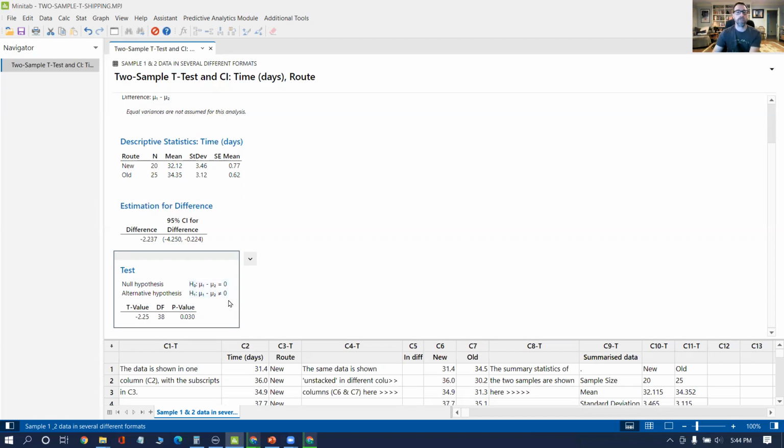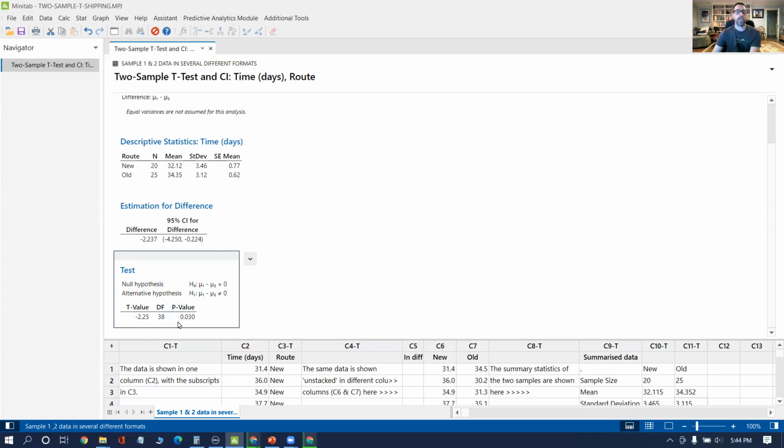The alternate hypothesis is that there is a difference. There's a difference in the average time it takes for the new route and the average time it takes for the old route. So the alternate hypothesis, H sub 1, says mu sub 1 minus mu sub 2 is not 0. If they're not equal, then when you subtract one from the other, you get a number different from 0. So it's calculating that difference between the average times.